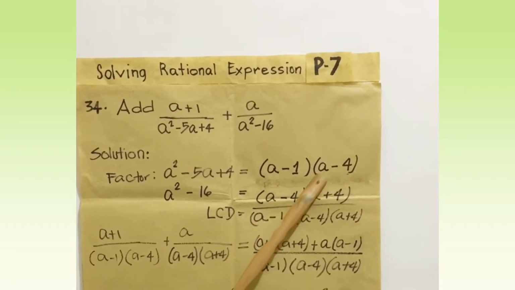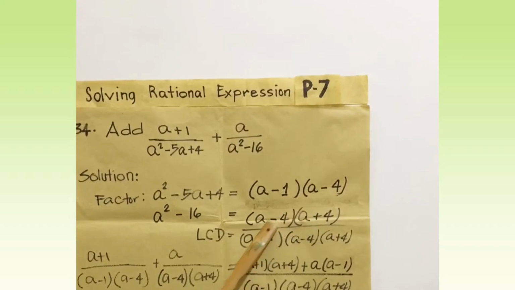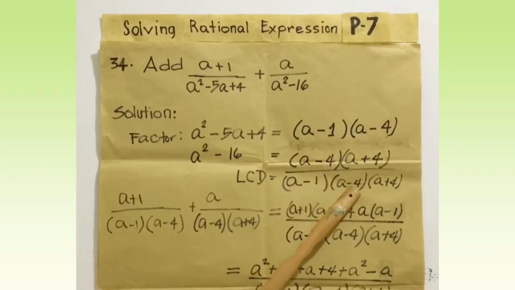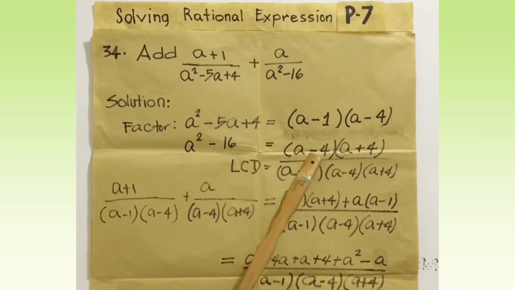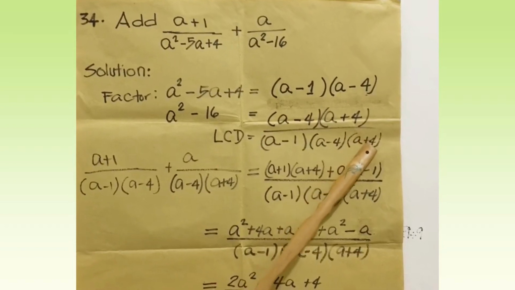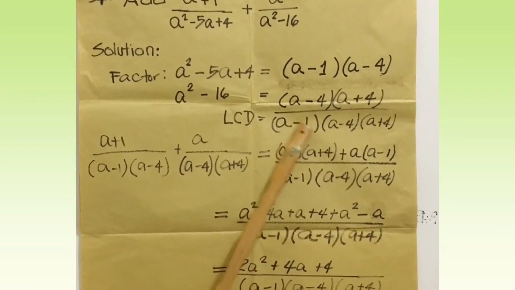A minus 4, common. We choose only one of it to represent our LCD. So a minus 4, then a plus 4, just copy. This is now our LCD.